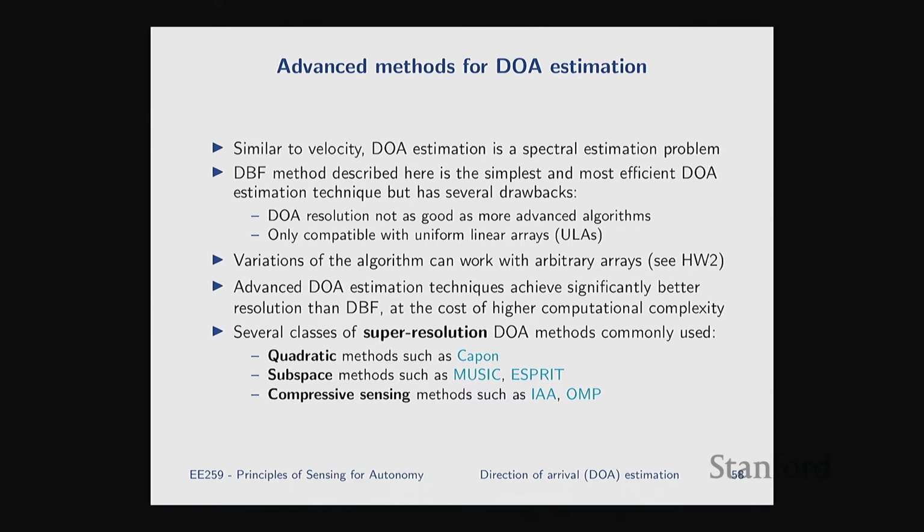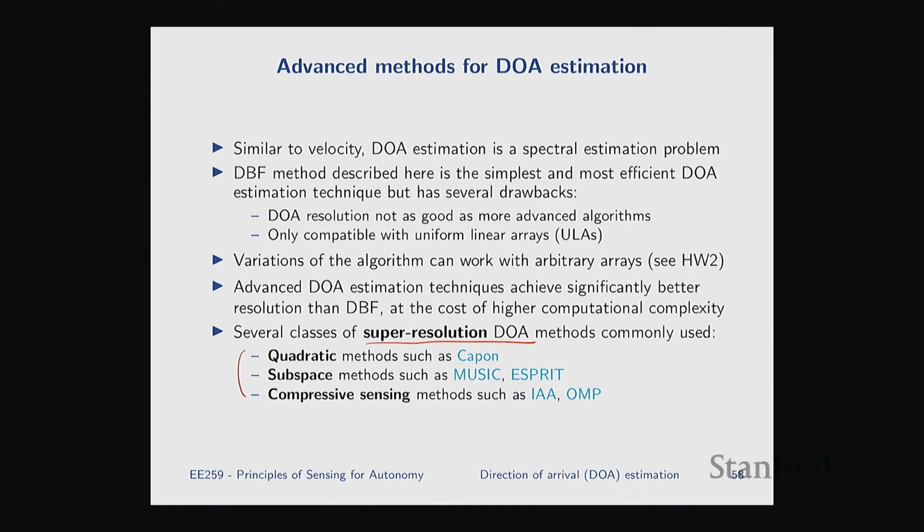And especially, we just saw that it even degrades towards large angles, so it's very limited. So a lot of the research efforts in the algorithm space have been focused on super resolution DOA methods. If you look at the literature, there's tons and tons of interesting algorithms that people have tried successfully to improve the DOA resolution of radars.